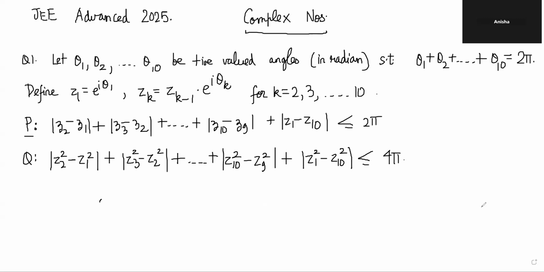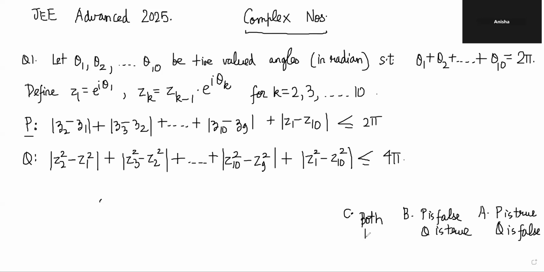We have to select which options are right: A is P is true, Q is false, B is P is false, Q is true, C is both true, and D is both false. Okay, try it out.